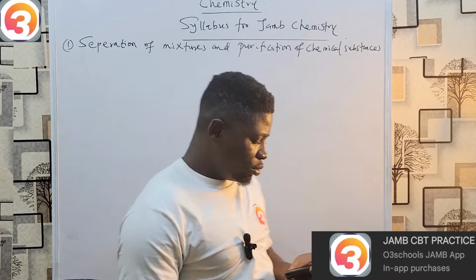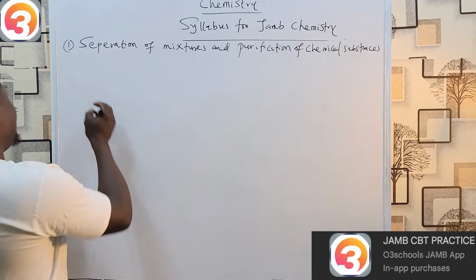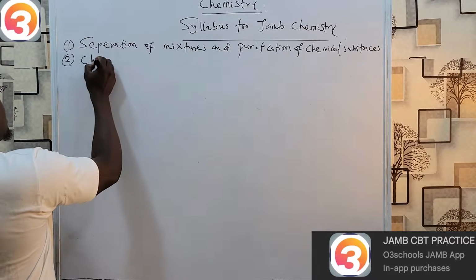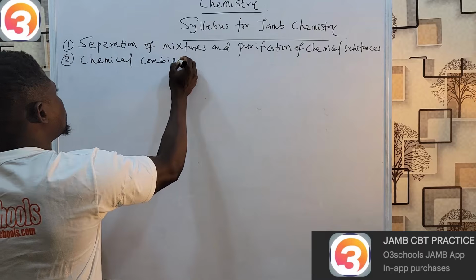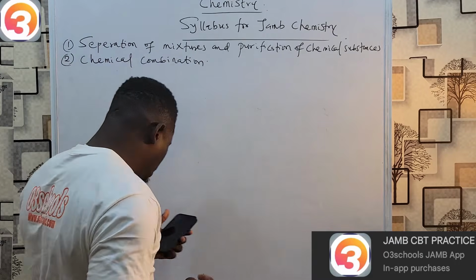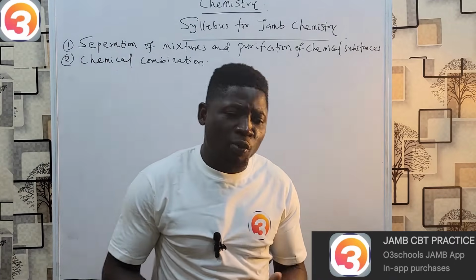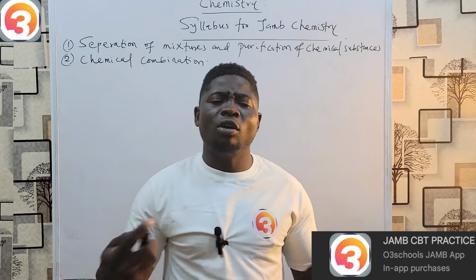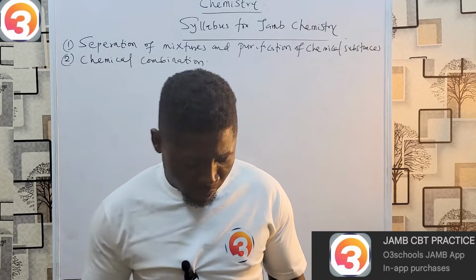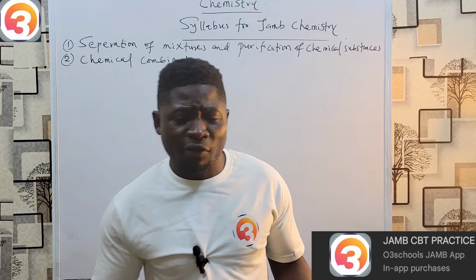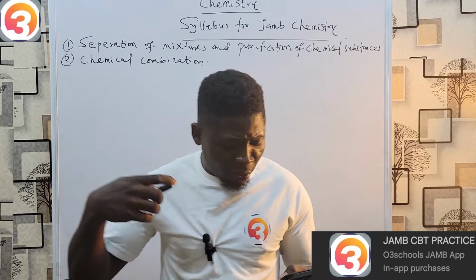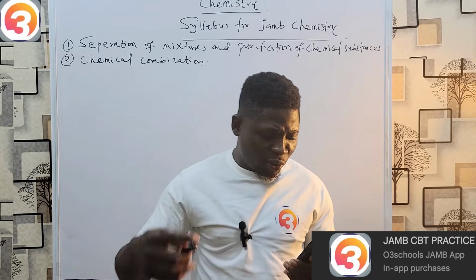Now, number two, the second topic is chemical combination. Of course, in this chemical combination, we are going to discuss some laws of chemical combination. So we have the law of definite proportion or constant composition, we have the law of reciprocal proportion, we have the law of conservation of matter, and so on and so forth.